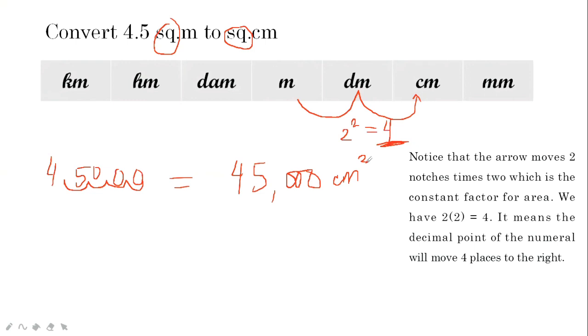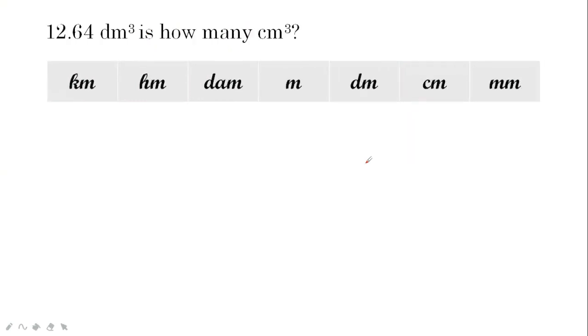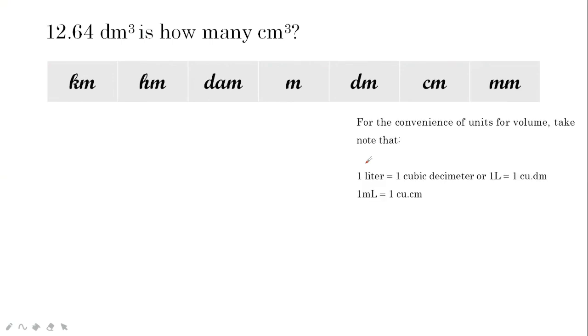Ganun. Okay. Next. How about this one? We have 12.64 dm³ is how many cubic centimeter? So, for the convenience of units for volume, take note that ang 1 liter is equivalent to 1 cubic decimeter.